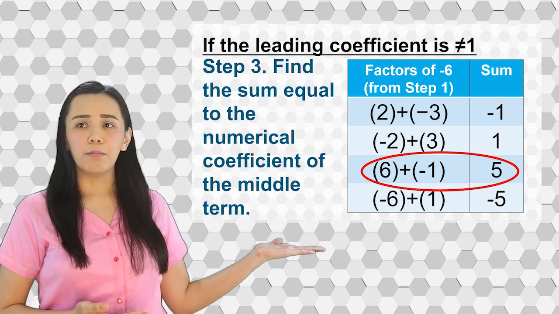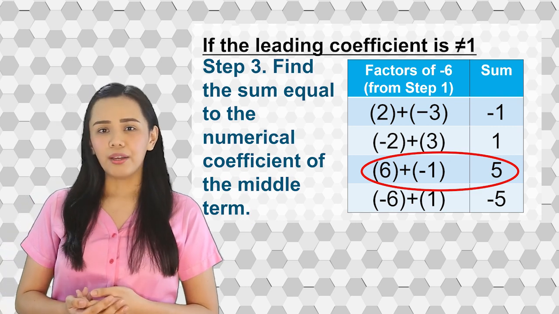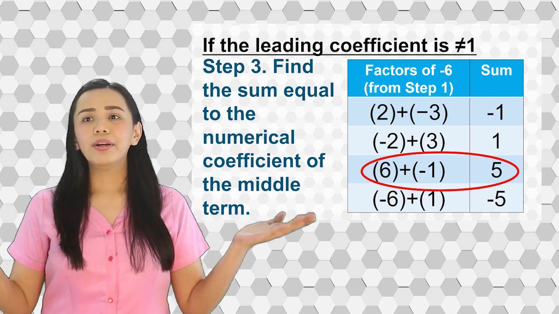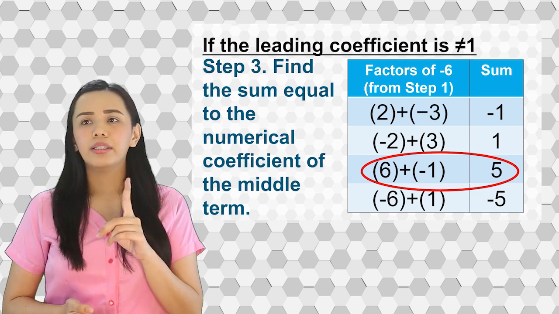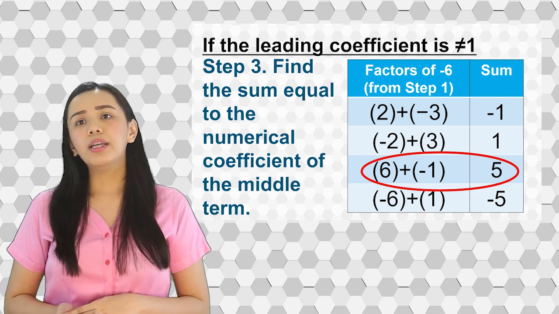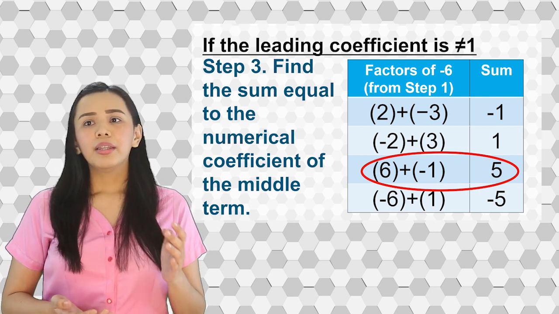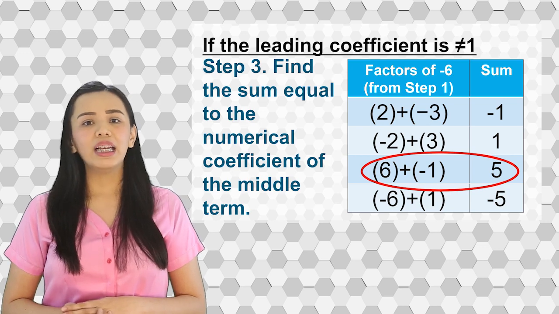For our example, the sum should be equal to positive 5. From our list, only positive 6 and negative 1 resulted in the sum of positive 5. Therefore, this is the correct combination.